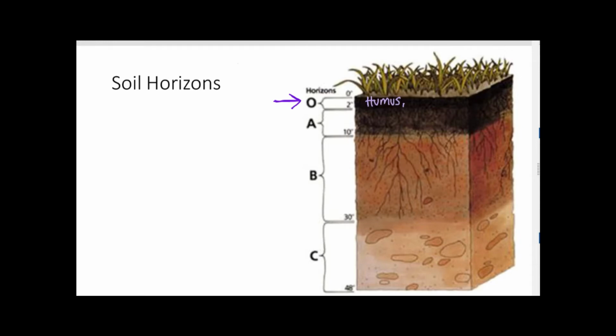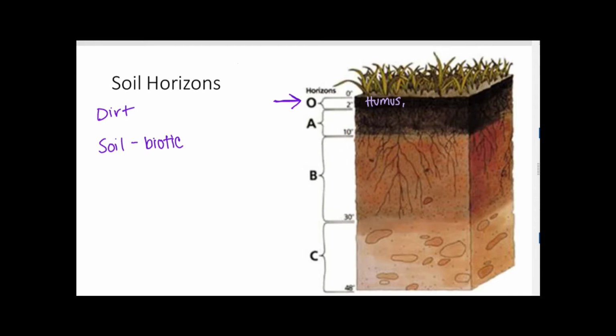And this is the part that is so important for plant growth, because it's where all the nutrients are, and that's where the decomposing is happening, and all those nutrients are getting returned to the soil. As an AP environmental person, we like to talk about soil, but then we also like to talk about dirt, right? A lot of times, at least in APES, we consider soil to be biotic, which is living, because it has that humus layer, and that humus layer is all that stuff that used to be living, that's decomposing.